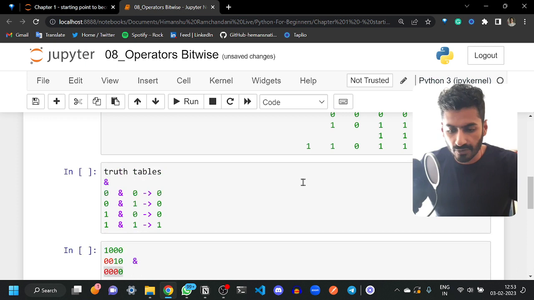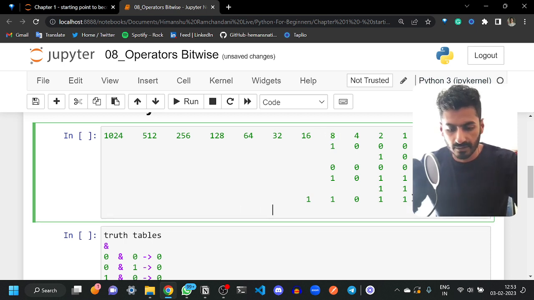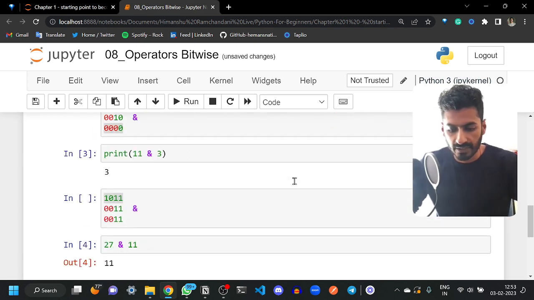What is the binary of 25? So 16 plus 8 will be 24, and we have to calculate for 5. This will be 1. 0 will be here, and 0 will be here. So 11001.